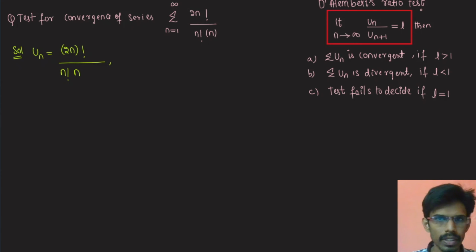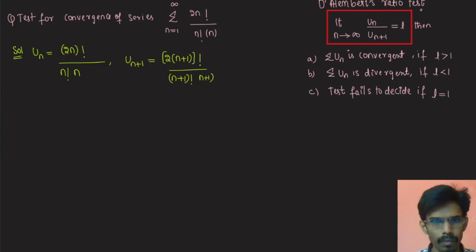Now let us take un plus 1 from here, put n plus 1, so we will get 2 into n plus 1 factorial upon n plus 1 factorial into n plus 1. So this will now become (2n plus 2)! upon (n plus 1)! into n plus 1.